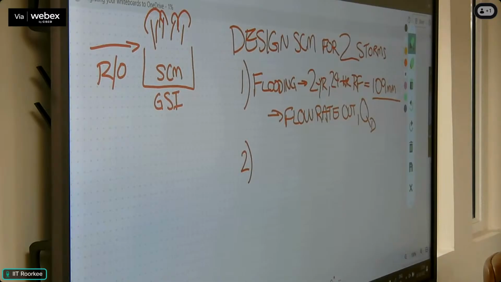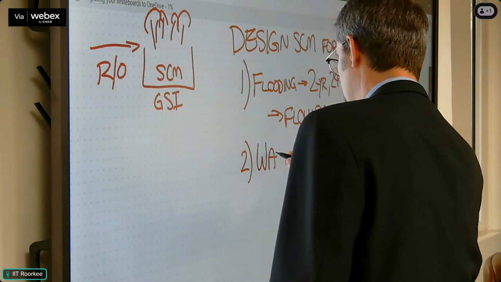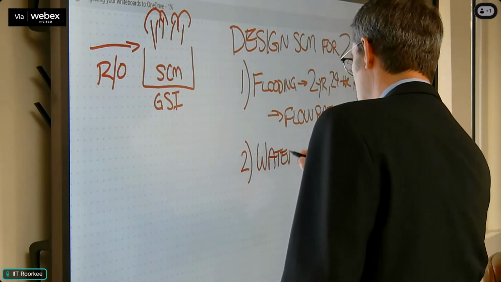One was to literally rank every storm and look at the 80 percentile storm, which was 17 millimeters, or look at a little larger storm, but all of it is based on the water quality storm.